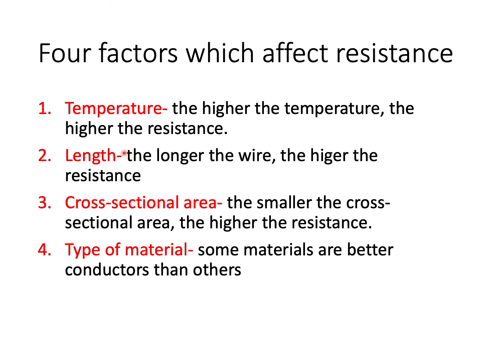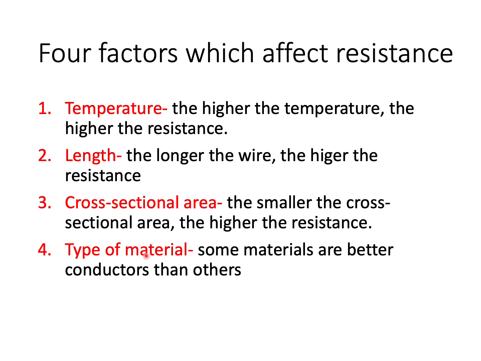If they've got a longer wire, it's harder for the electrons to get through, so that increases the resistance. Cross-sectional area, that's the fatness of the wire. A fatter wire makes it easier for the electrons to get through, and a skinnier wire with a small cross-sectional area has a higher resistance because it's harder for the electrons to get through.